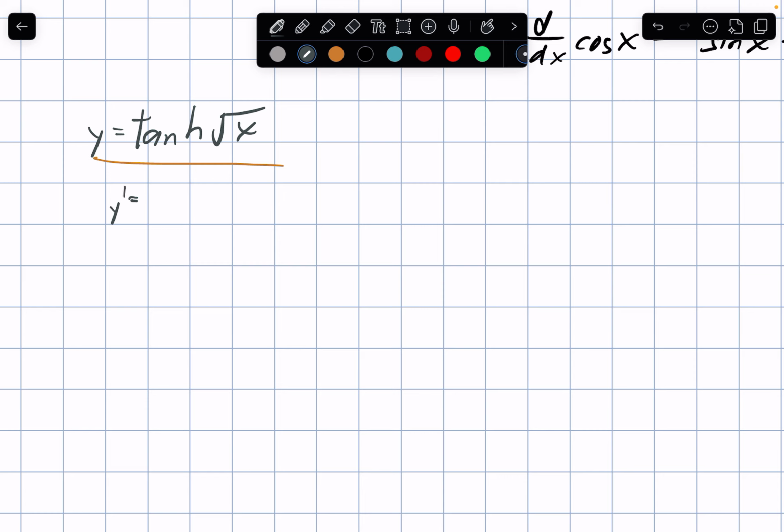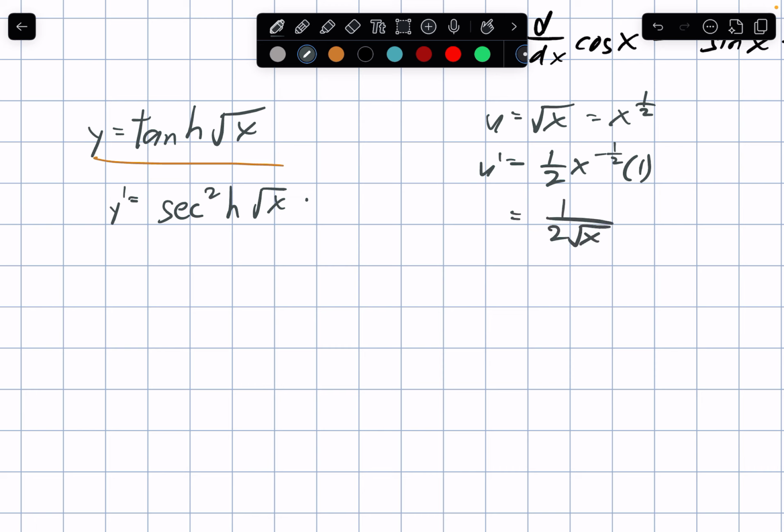So here, it's going to be sech squared x times du over dx. Our u is this, right? Or we could rewrite it as that. If you want to find the derivative, it's going to be 1 over 2 times square root of x. Further simplify.